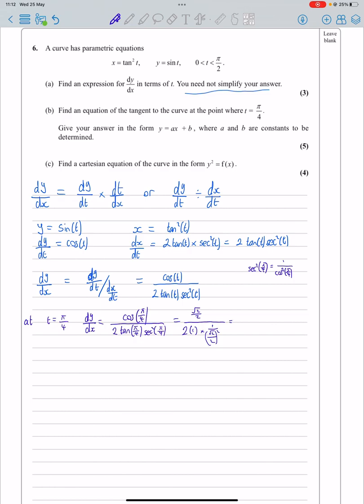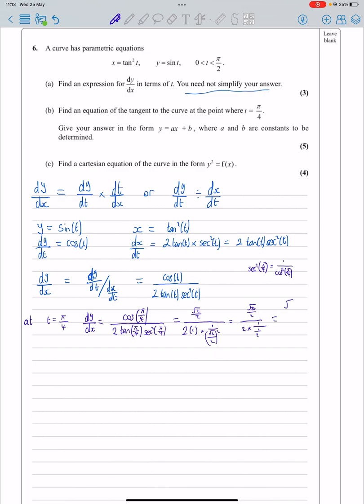So we've got root 2 over 2 over 2 times, well, 1 over (root 2 over 2) squared is 1 over 2 over 4, which is a half.